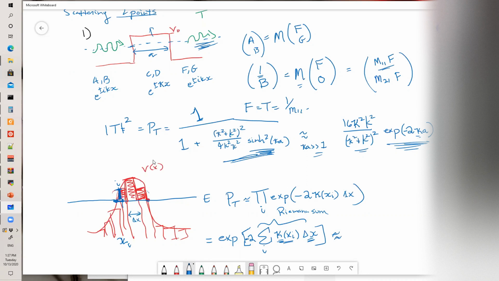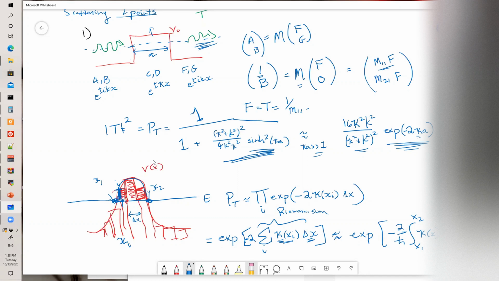If you add very many of them, then this becomes just the exponential of -2 over h bar times the integral from x1, we'll call it, which is the first turning point, and then x2 is where the energy passes over here. It's the integral from x1 to x2 of kappa of x, now treated as a continuous function that describes this potential in that region, dx.